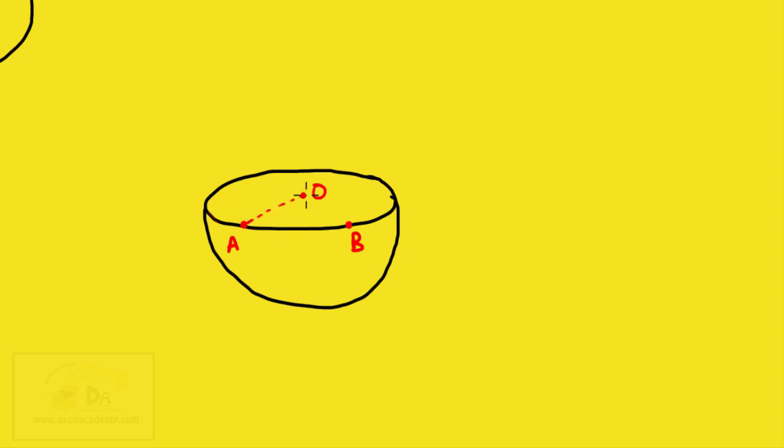And imagine I form this sector OAB. If you look from the top, what do you see? You see a sector. You also see the curvature because you're looking from the top.